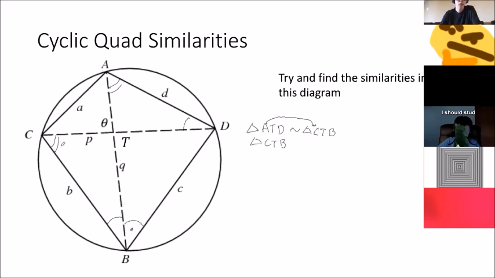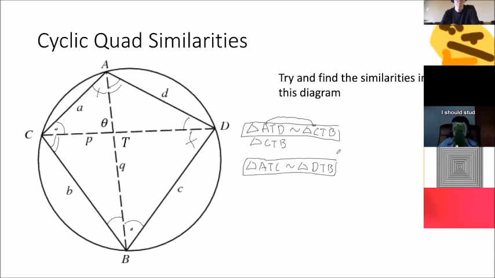This angle is equal to this angle, and this angle is equal to this angle, which tells us that triangle ATC is similar to triangle DTB. And these two pairs of similar triangles will come up a lot in math or geometry in general.